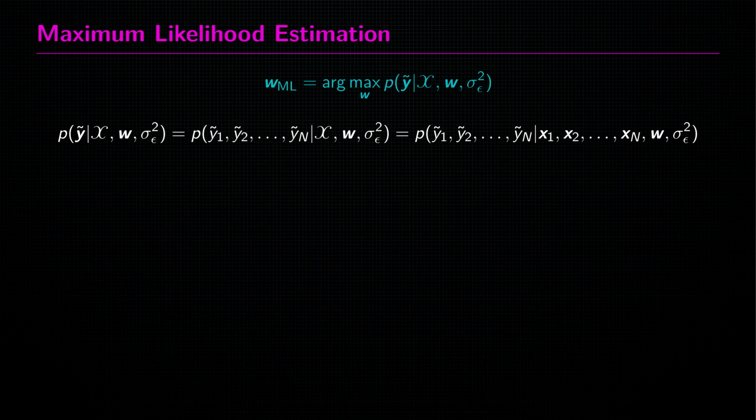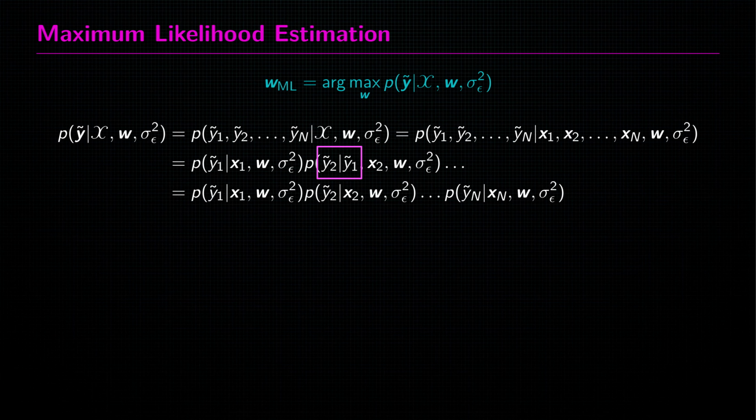From our model assumptions, we know two things. First of all, we know from our model function that a single point on the y-axis is fully described by its corresponding value on the x-axis, which means that we can drop the dependency of all other x values besides the one that belongs to the current y value. This makes it possible to split up this joint probability into the product of the individual probabilities as shown earlier.